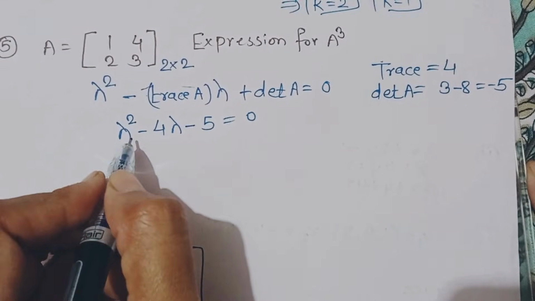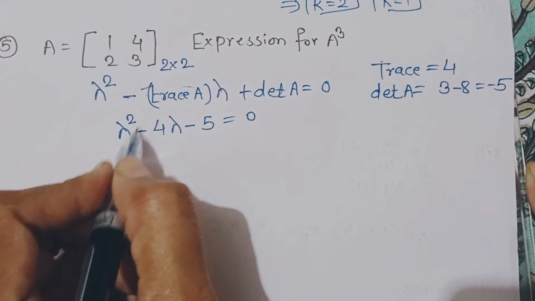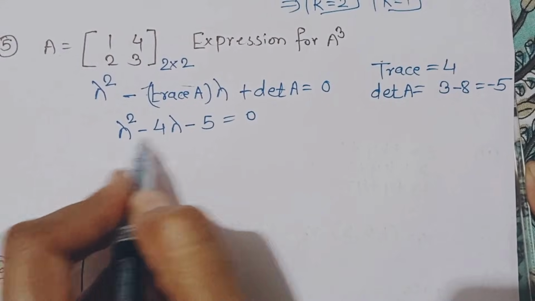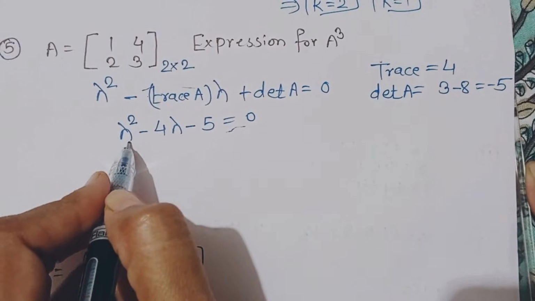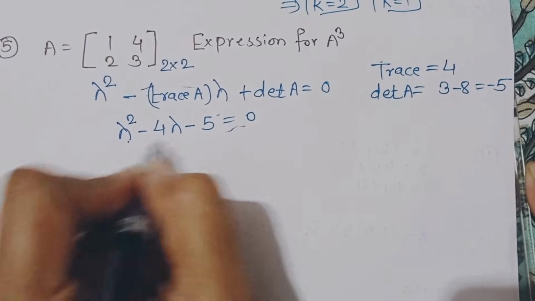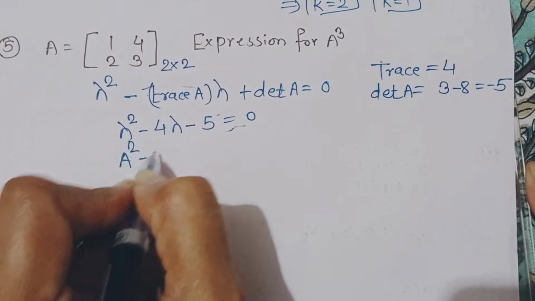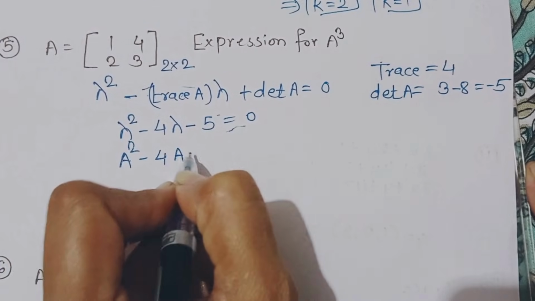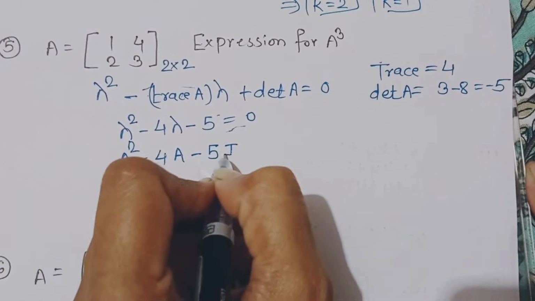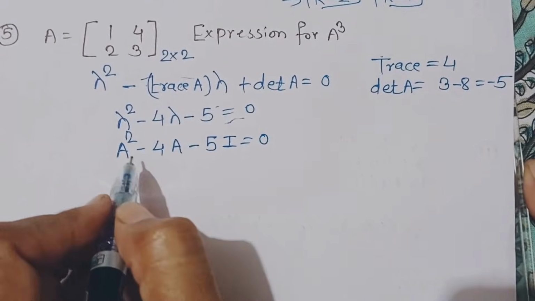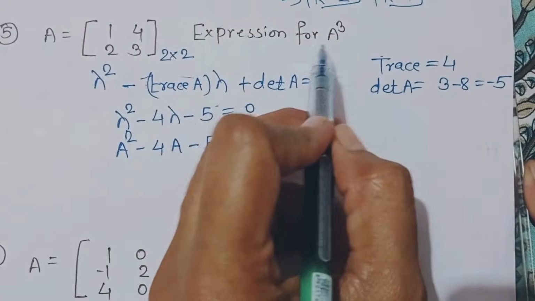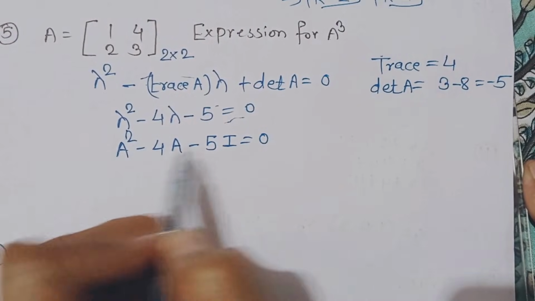By the Cayley-Hamilton theorem, every square matrix satisfies its characteristic equation. That means we replace lambda by A in this expression. So we have A square minus 4A minus 5I is equal to 0. We want the expression for A cube, and this is in A square.